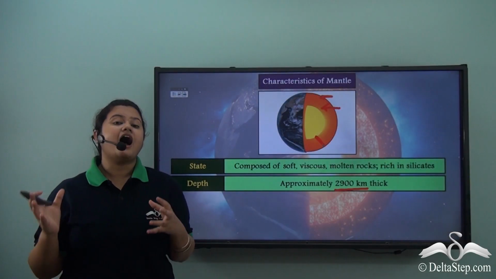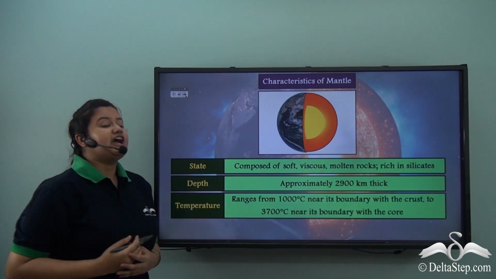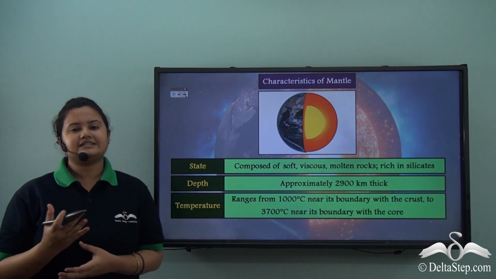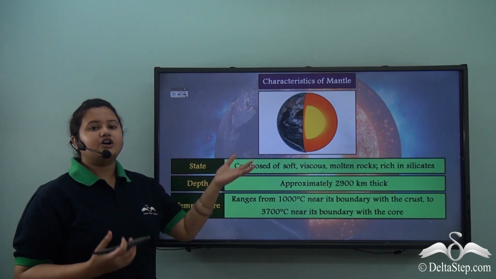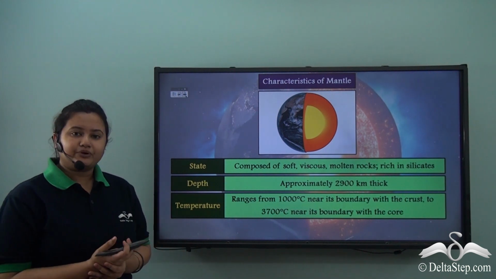Now let's see how hot this layer is. We know that temperature increases with increase in depth, and of course mantle is hotter than crust. And what is the temperature here?